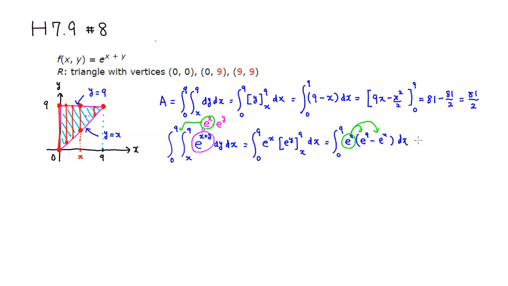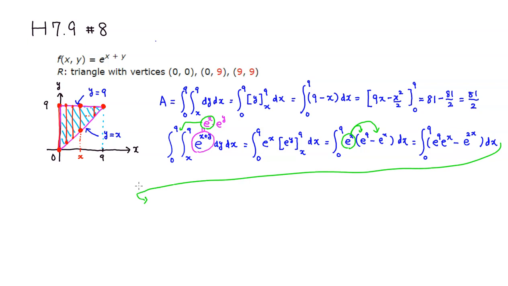So we have the integral from 0 to 9 of e to the 9 times e to the x, minus e to the x times e to the x, so e to the 2x, dx. I'm going to go over here so we have more room.